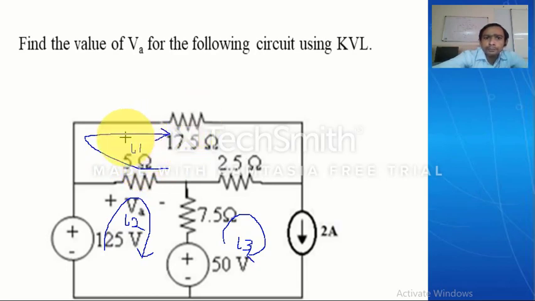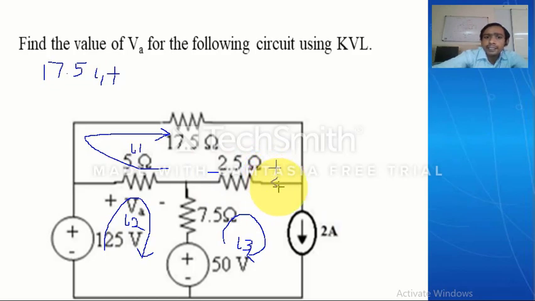In the first loop, there are 3 circuit elements. The potential drop across 5 ohm will be 5 into I1, plus. Now I will assume this as positive, this as negative, then only the KVL will be applicable. So for being this as positive, this as negative, the current has to be assumed in this direction only.